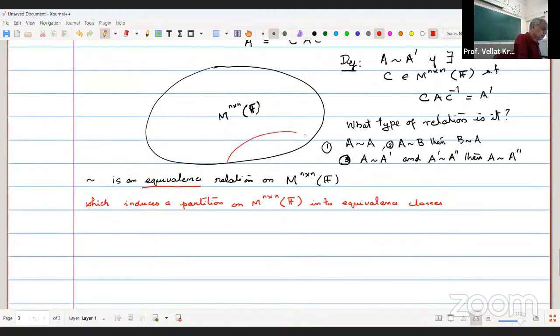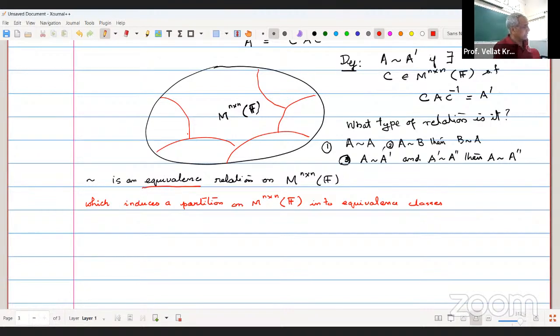So you have different classes, a disjoint union of collections of operators, whose union would give you the whole space of n by n matrices over F. Between two such classes there is no common element.